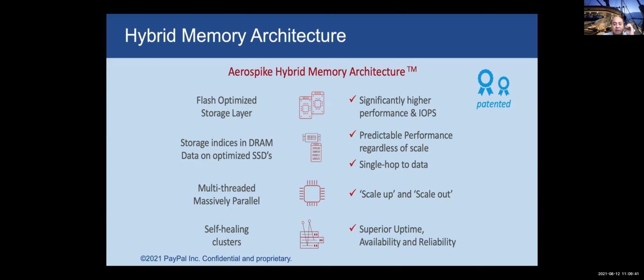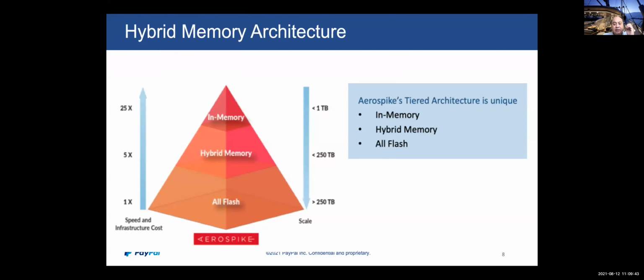So now, because of our growing pains, let me talk more about the economics of scale using the hybrid memory. As you can see from this pyramid, if we only use in-memory to store data, the amount of data you can store is only in the neighborhood of terabytes. But obviously, the advantage is that you have high speed and low latency.